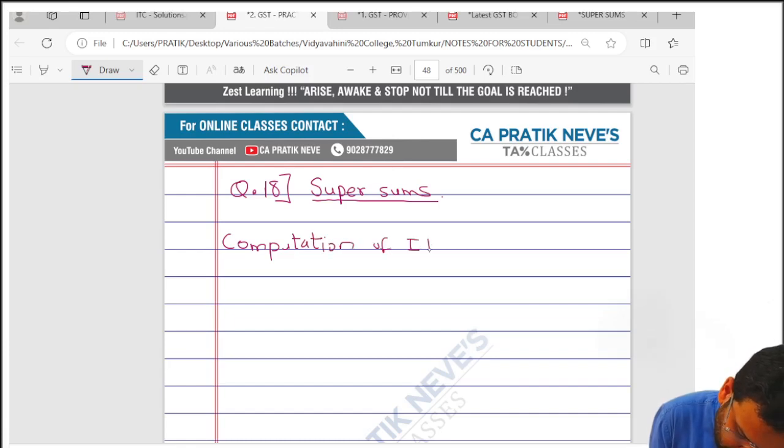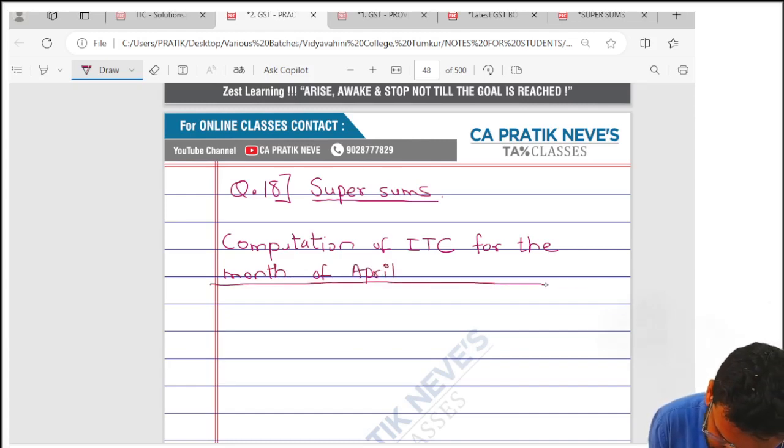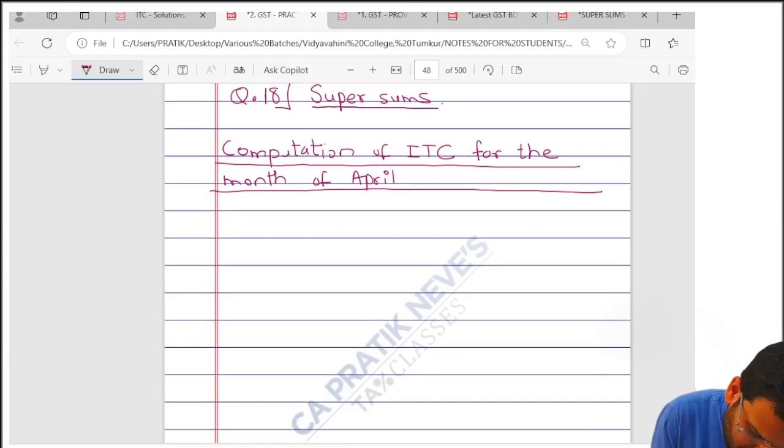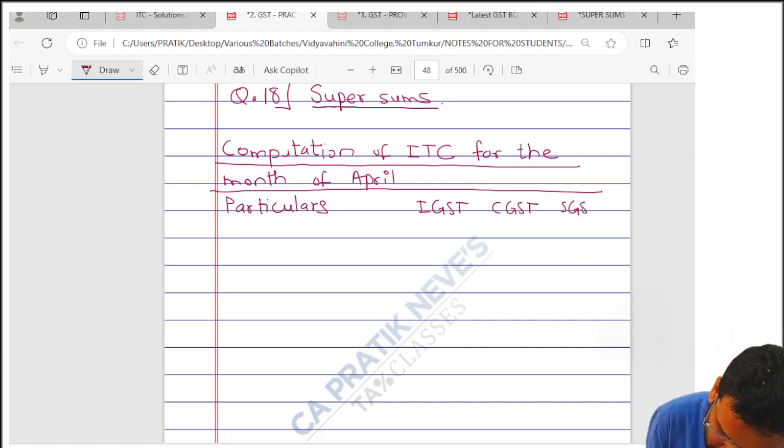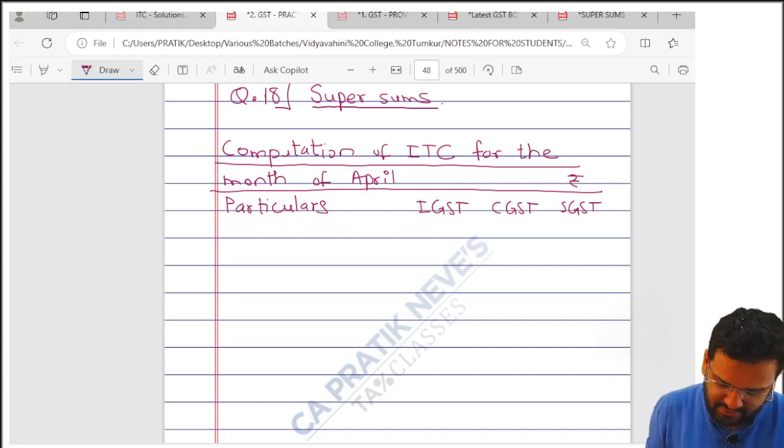Computation of input tax credit for the month of, can you tell me which month? For the month of April. Which April? Not given. Fine. Particulars, IGST, CGST and SGST, figures in rupees.